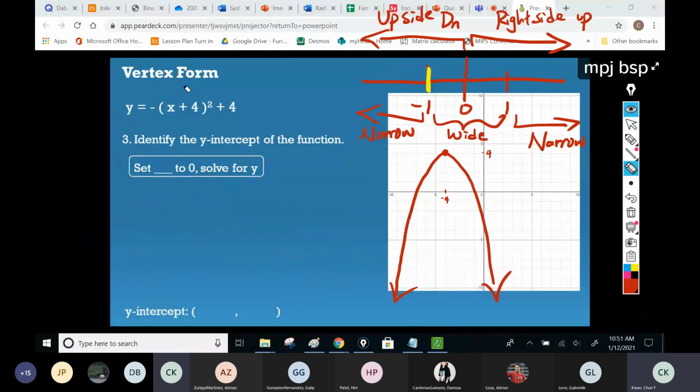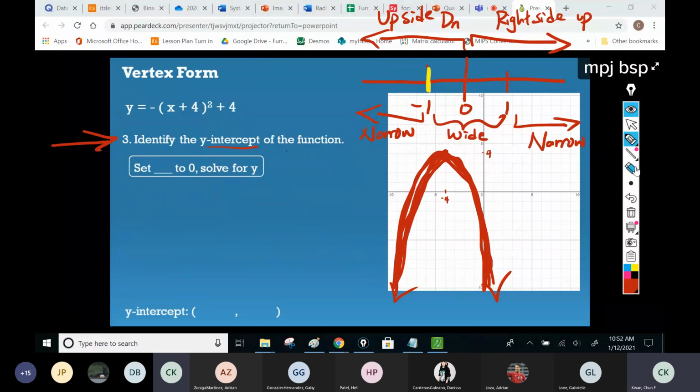All right, there's one more thing we need to do. We have to identify the y-intercept of the function. So this curve that I put right here is just a very rough estimation. This is a rough draft. It's not accurate.